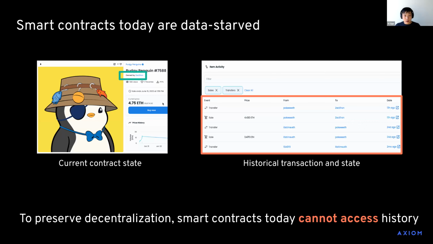So for this Pudgy Penguin, the fact that it's owned by Zac Efron is usable on-chain, but the rich transaction history and previous prices are not, although they are trustlessly available to any observer of the chain. And the reason for this is to preserve the decentralization of the chain and allow full nodes to validate transactions easily. So this isn't just a failing of Ethereum, but more of a fundamental trade-off that any blockchain must make.